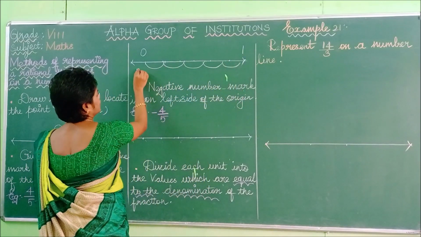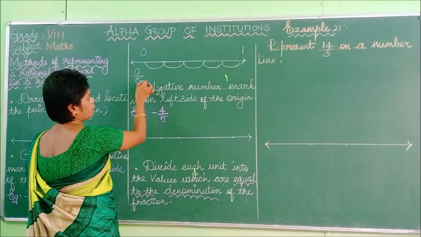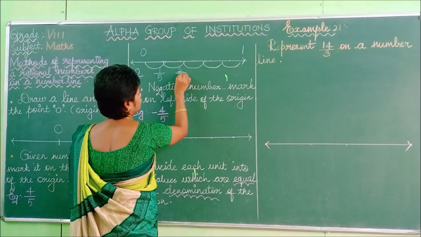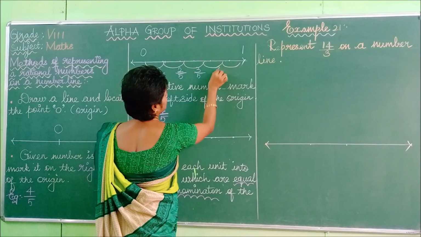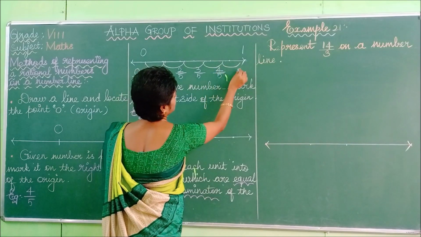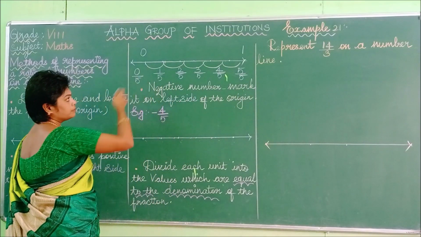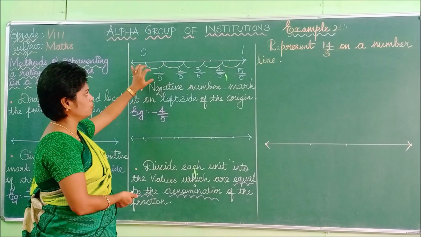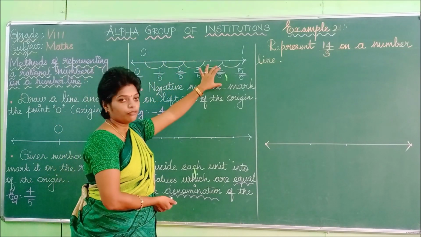To represent 4/5 on the number line, we start marking the values. It is greater than 0 and less than 1. Our denominator is 5, so 0/5, 1/5, 2/5, 3/5, 4/5 and next one is 5/5. Listen here: 0/5 is again the value 0. Then 1/5, 2/5, 3/5, 4/5.